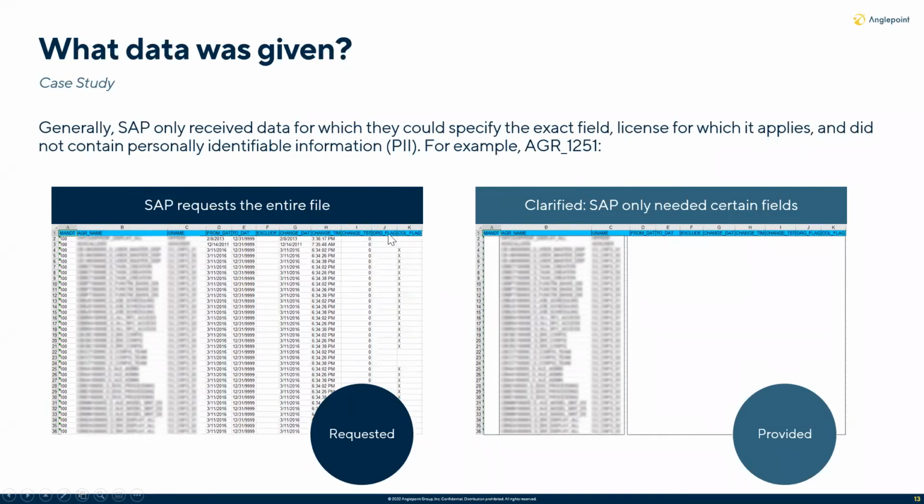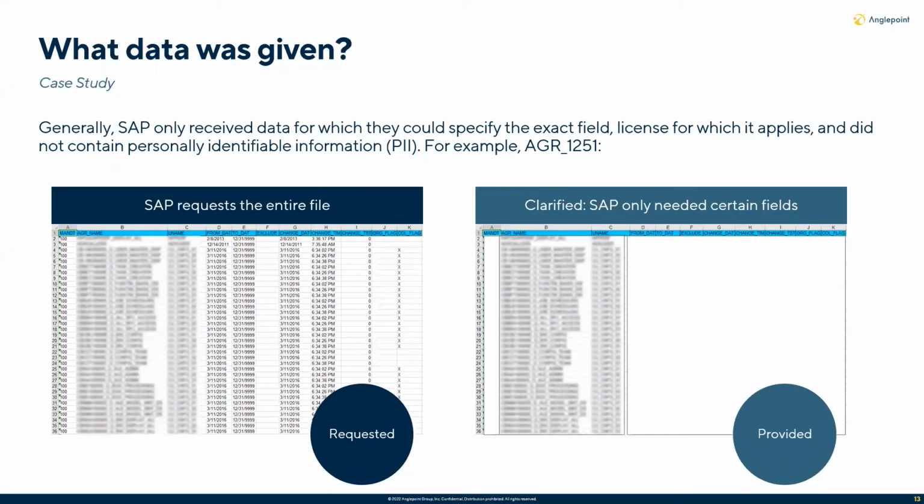Because as you can see, there's a bunch of columns and there's lots of data found in each of these columns. And ultimately they came back and said, well, we only need AGR name and uname, which is the SAP username. So we redacted the rest of the data and we sent them exactly what they asked for, just those two fields. And this was the process for every single data point.